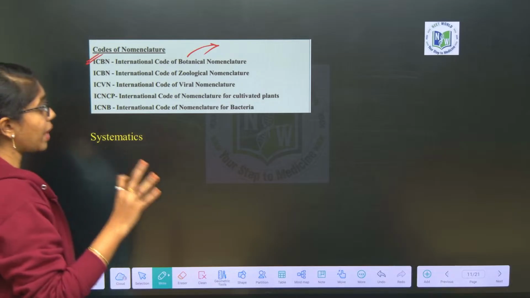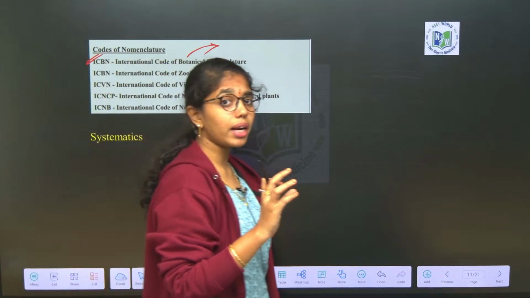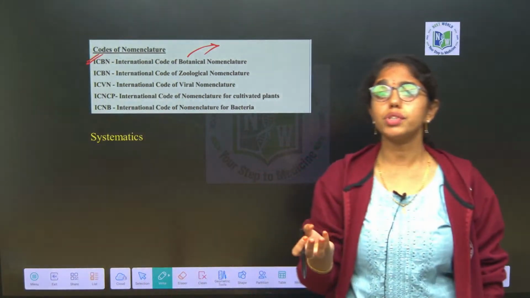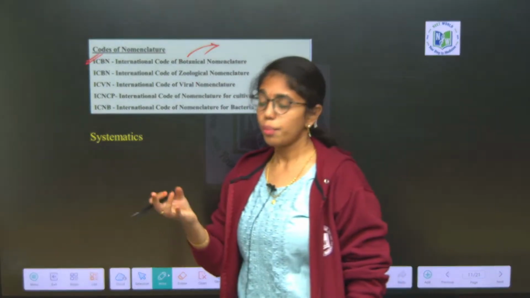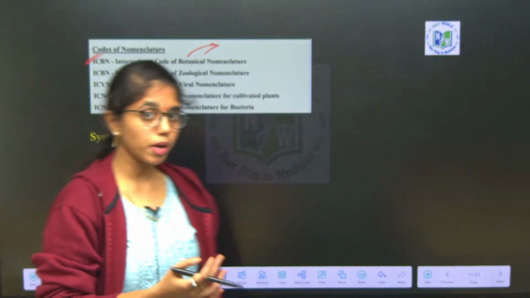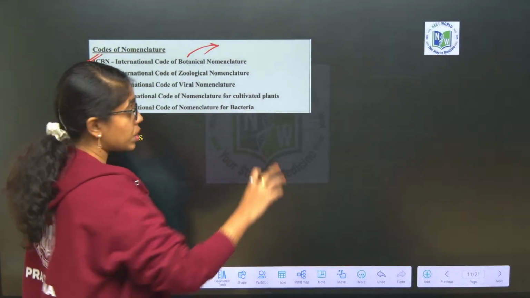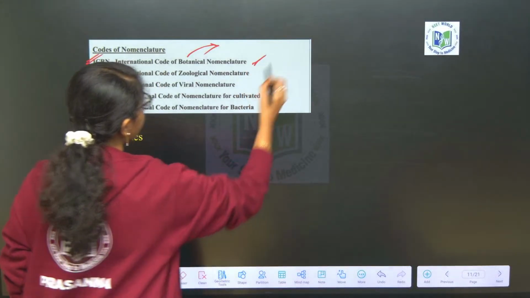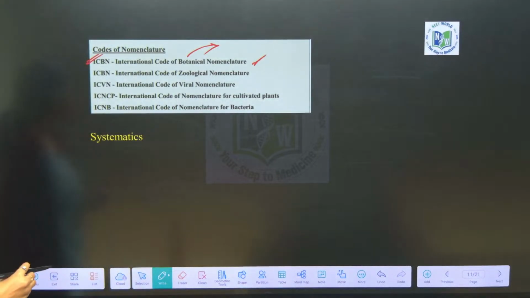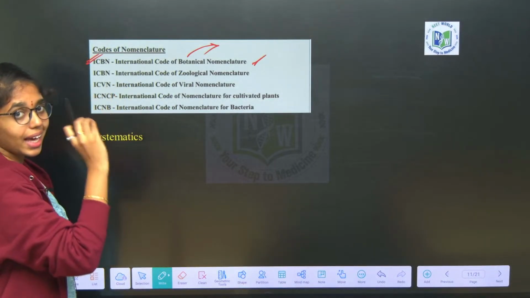The divisions under the plant kingdom, like Thallophyta, algae, Bryophyta, Pteridophyta, Gymnosperms and Angiosperms, are named under the norms of the International Code of Botanical Nomenclature.